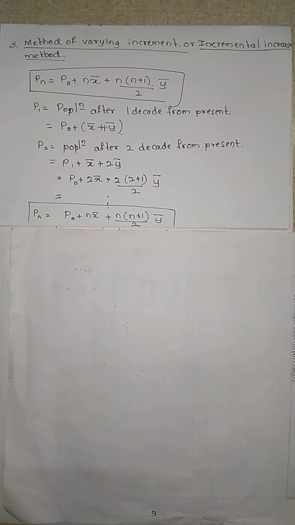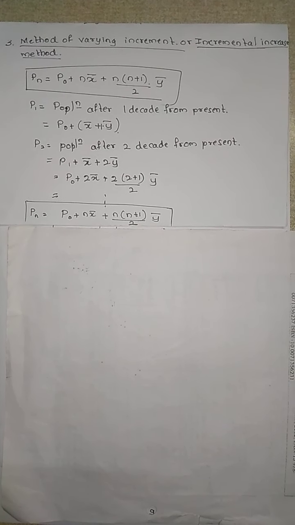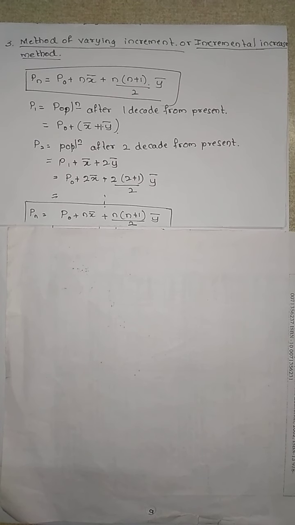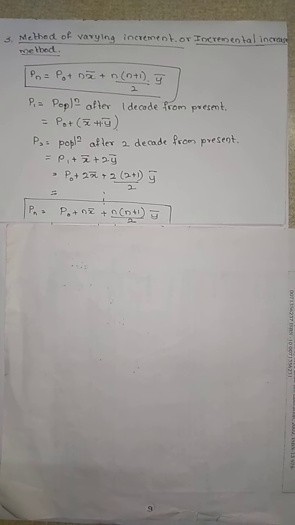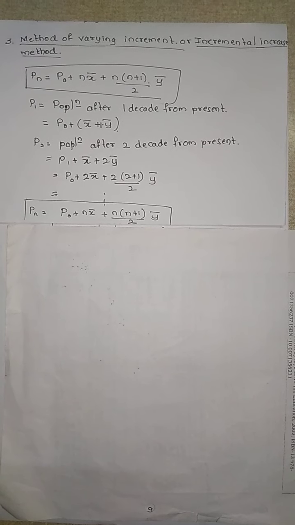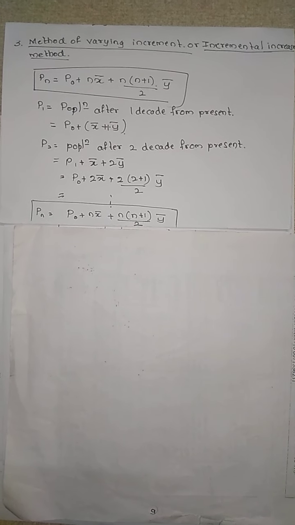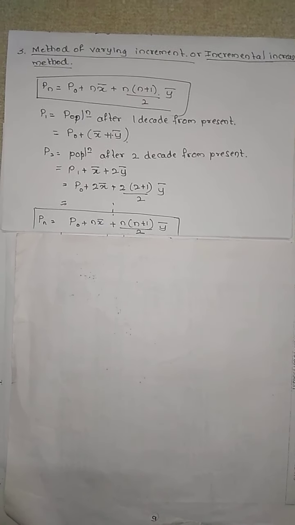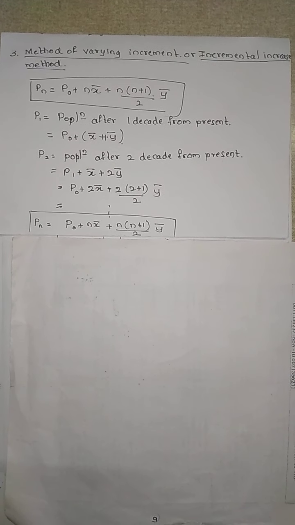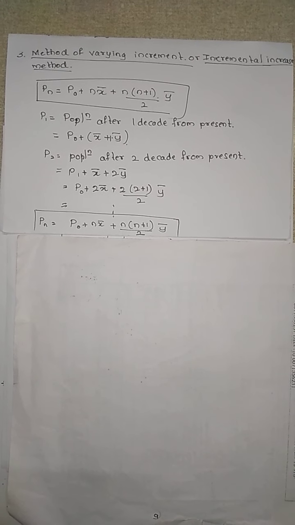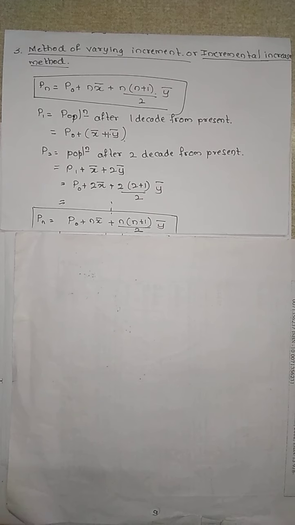The population for a future decade is worked out by adding the mean of the arithmetic increase, that is, we take the help of the arithmetic increase method, to the last known population, and this is added to the average of the incremental increase, that is y bar.